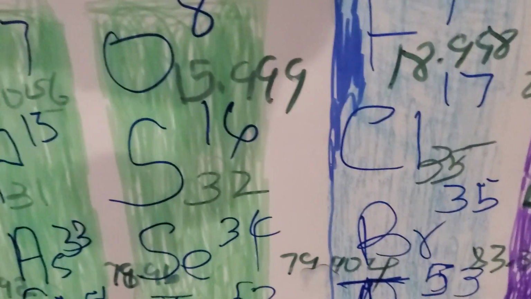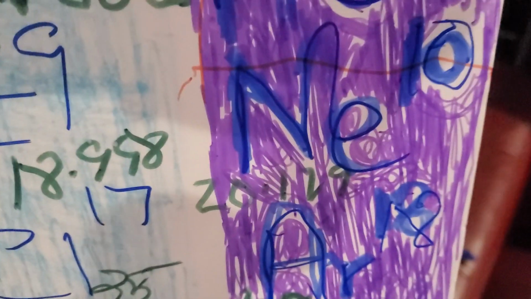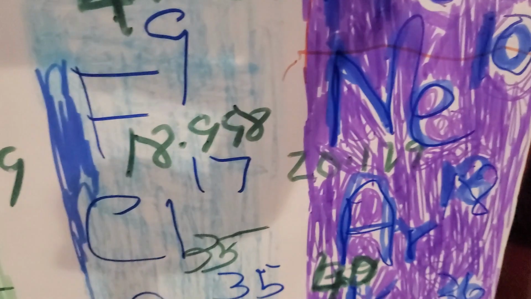Right after fluorine, or across from fluorine there. That's fluorine, and that's Ne, neon. 10, 20.117 Ne. And you have it, neon. And then from our little notebooks, you could take a glance, neon.